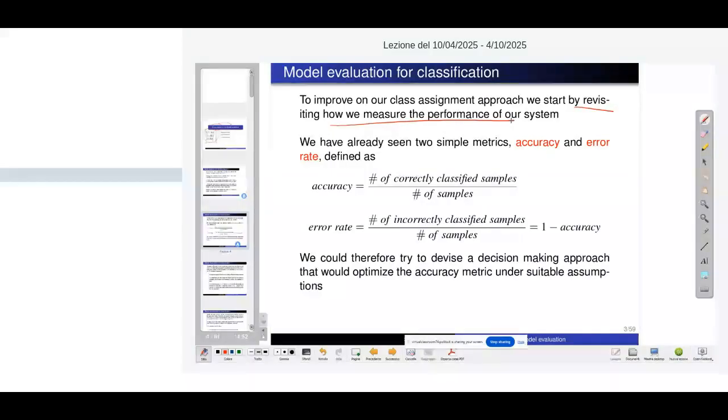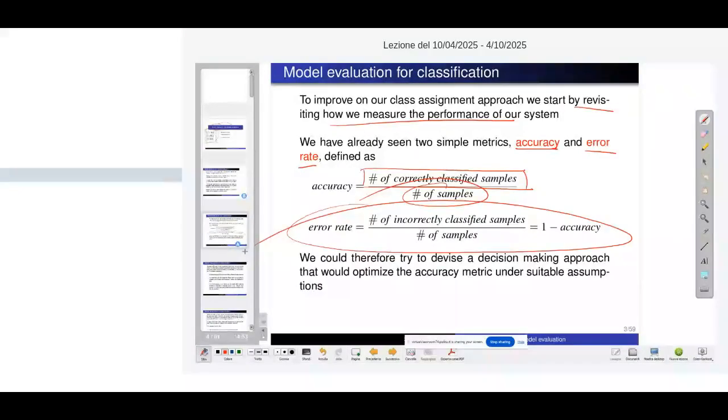For the moment, we have discussed in laboratory accuracy and error rate. What are these? Well, we said, let's take an evaluation set, make predictions on the evaluation set, count on the evaluation set the number of correct classifications, divide that by the number of samples. This gives us the accuracy, that you can say can be interpreted in a frequentist way as, if I pick randomly one sample of my dataset, what is the probability that my prediction for that sample will be accurate?